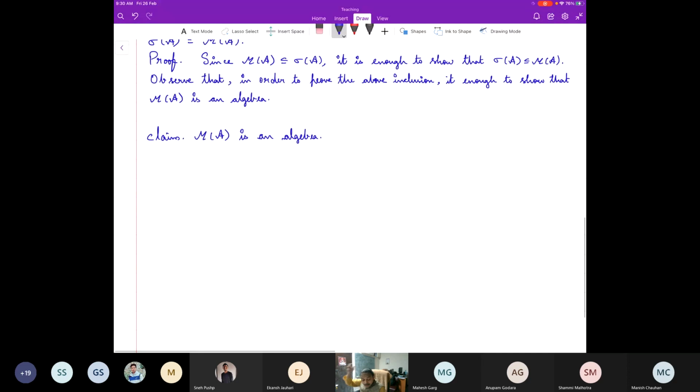What are those things that we wanted for an algebra? Empty set belongs to it, closed under complementation, and closed under finite union.